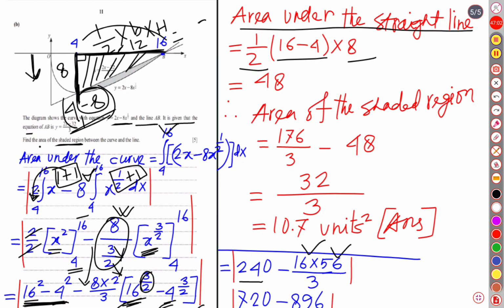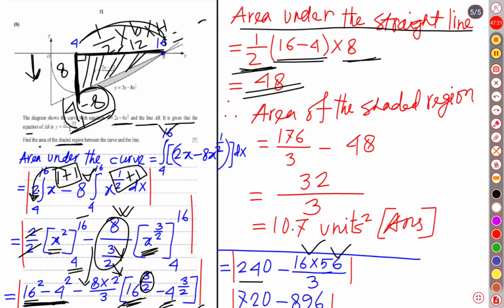That means the length of this side is 8. So we have written the base is 16 minus 4, which I have already told is 12. 12 into 8 is 96, and half of 96 is 48. So 48 is the area of the triangle.